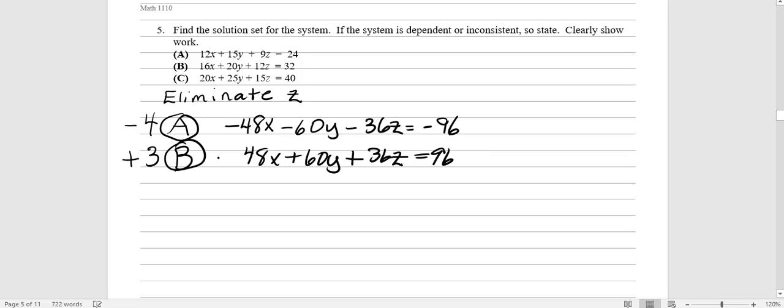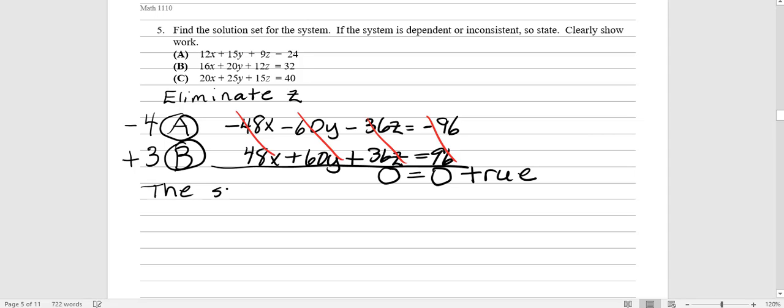And I notice when I do that, every term on both sides of the equation cancels out. So I'm left with 0 equals 0, which is a true statement. The only thing I can say at this point is that the system might be dependent.